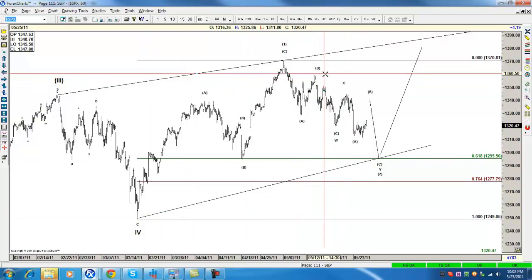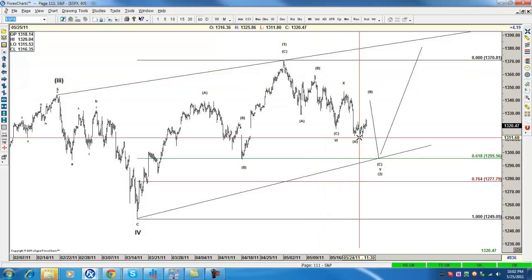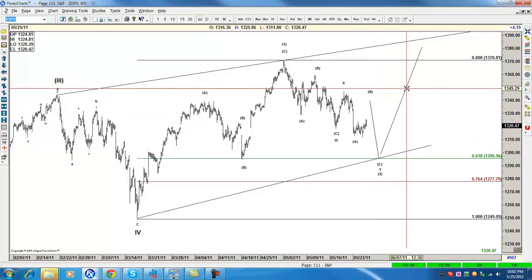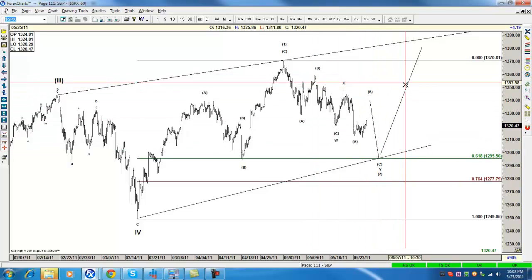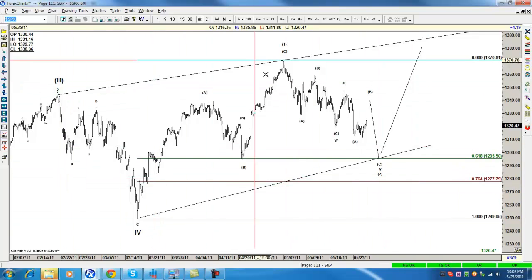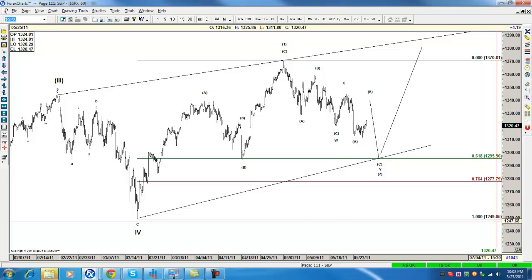The 3 counts, this can be the truncation 5, but so far we have 1, 2, 3. If we get another low, we have to see the recovery, guys, because that can be the case. This is the truncation, and if you go lower, otherwise it's 3, 4, 1, 2, and more highs in the S&P, guys. All right, now let's go to the oil.